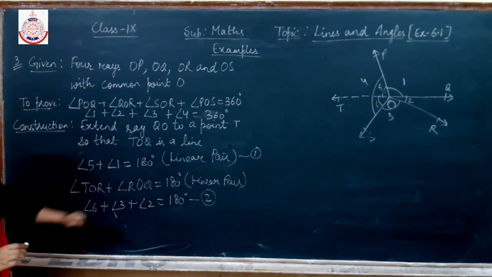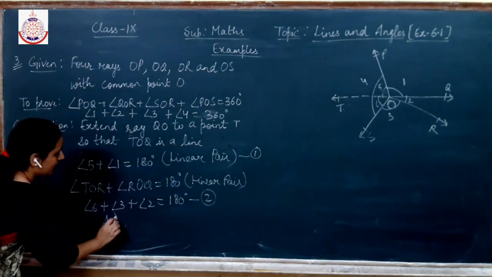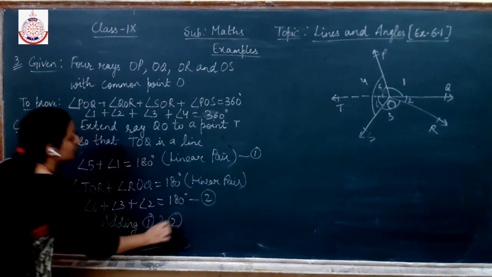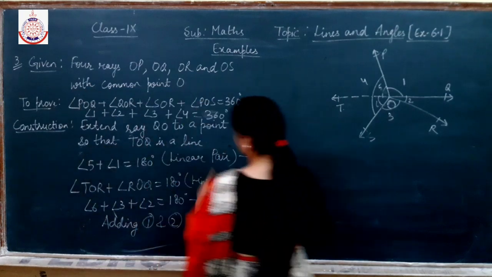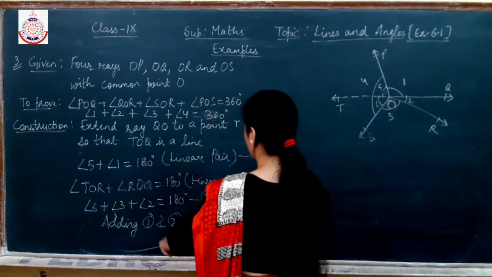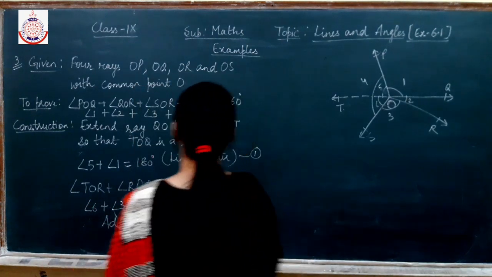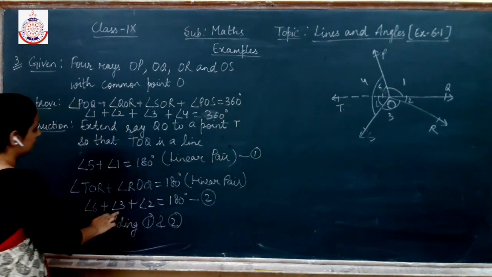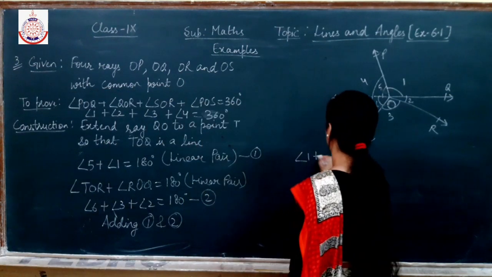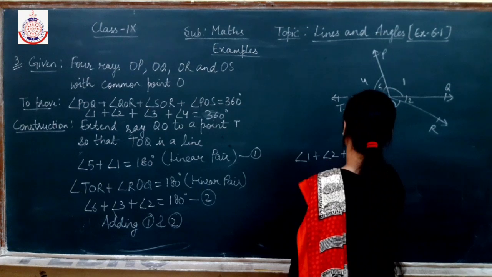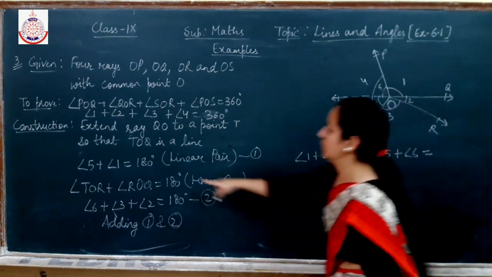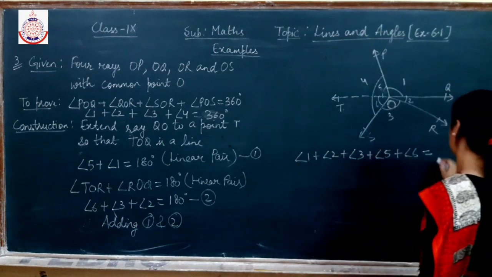That is equation number 2. Now we will be adding both the equations. Adding 1 and 2, what do I get? On the LHS, all the angles are there: angle number 1, 2, 3, 5, 6. So I am writing in order 1 plus 2 plus 3 plus 5 plus 6 is equal to 180 plus 180.